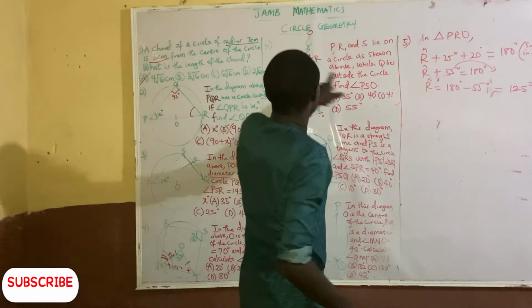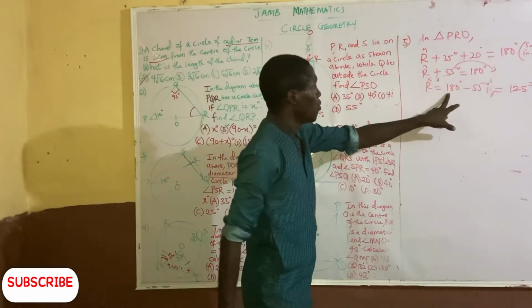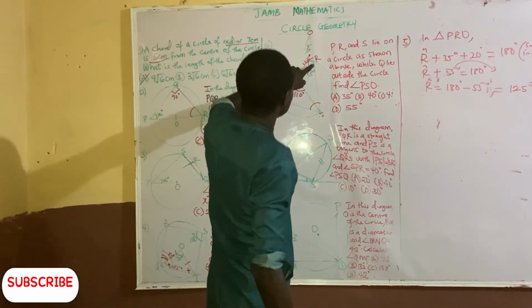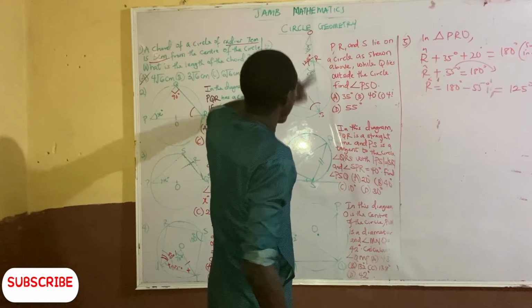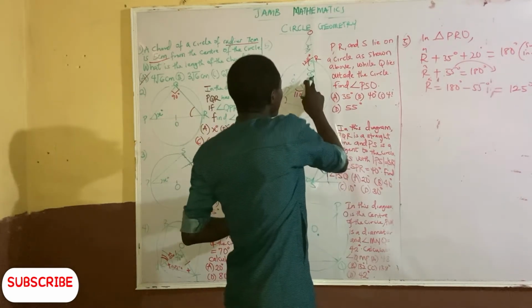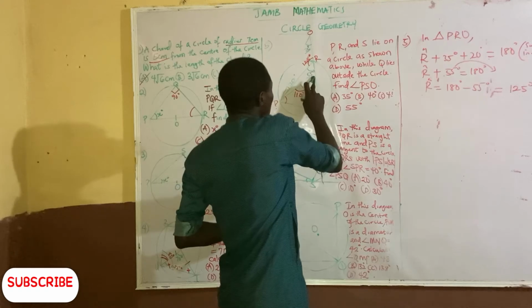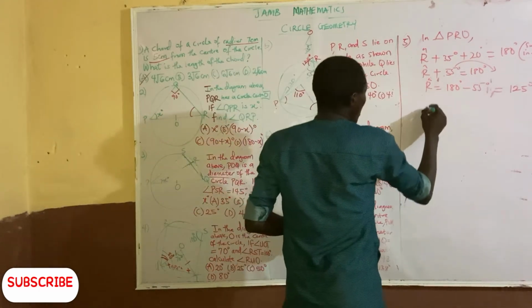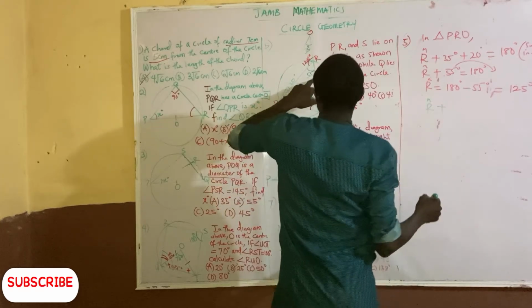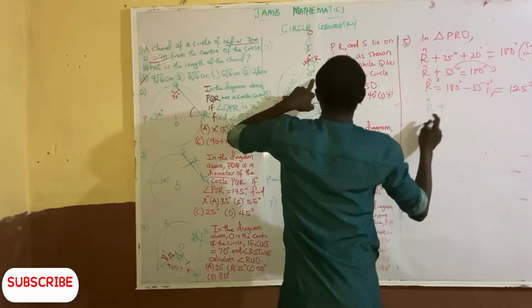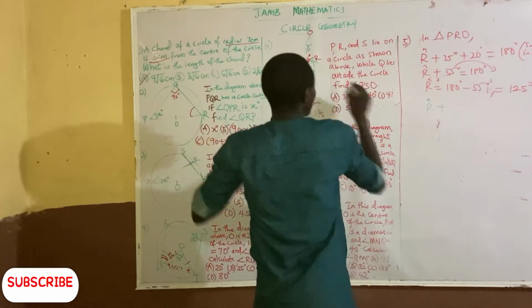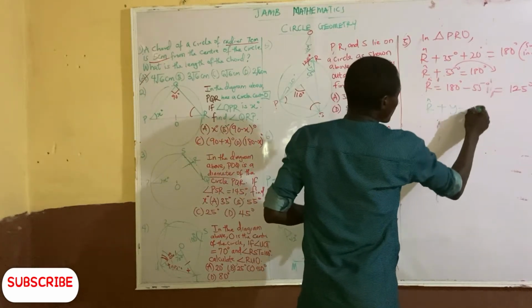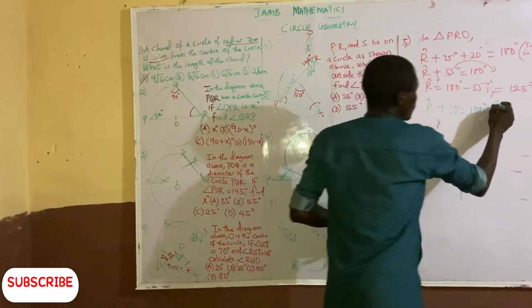Angle R, which I just calculated, plus this other angle, which you can call Y, equals 180 degrees. That is angles on a straight line.